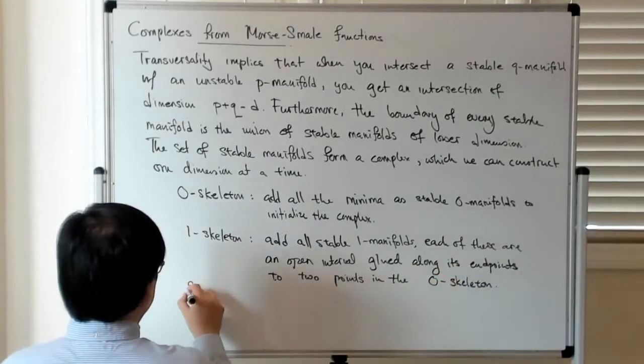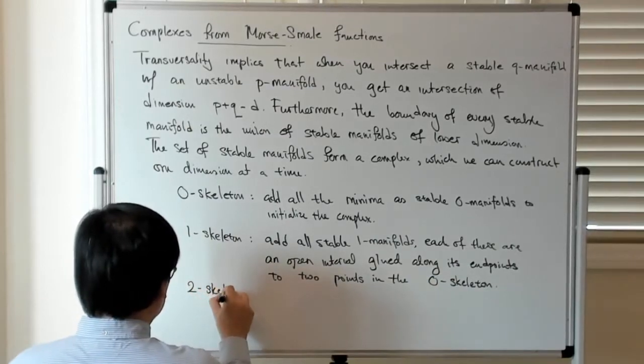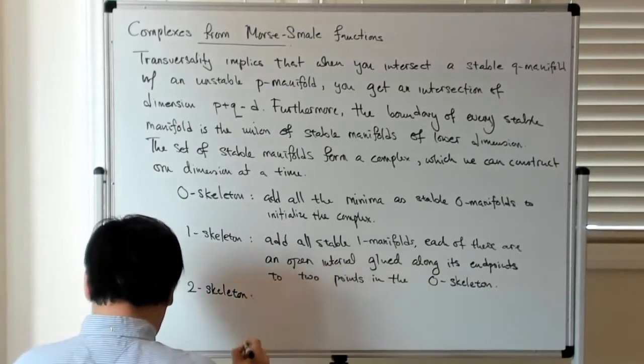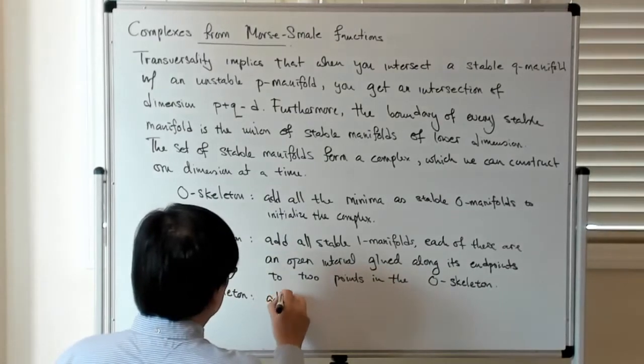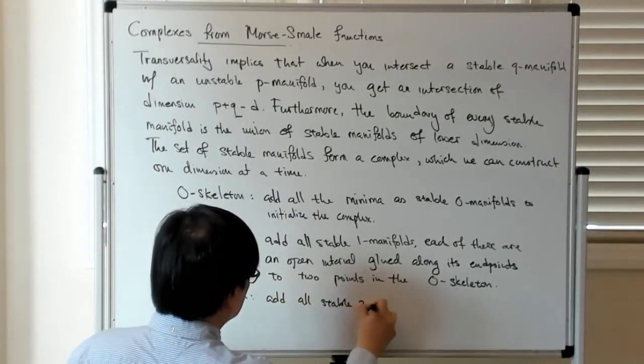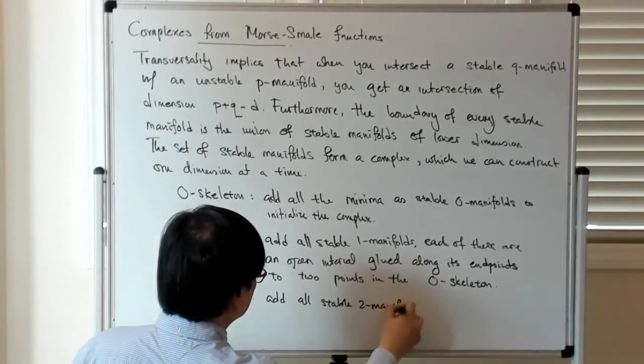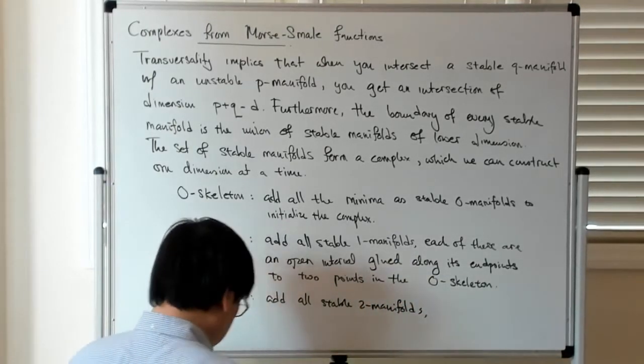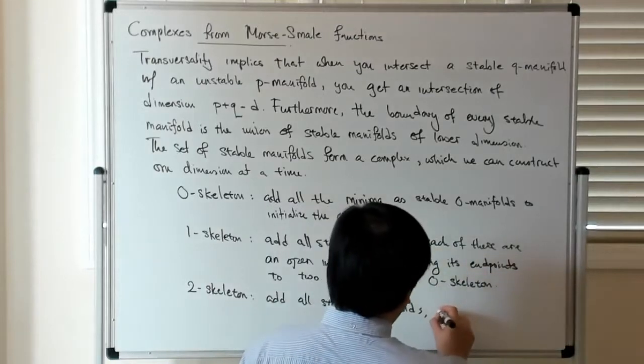Then you have the two skeleton. As you might expect, you add all stable two manifolds, each of which is an open disk.